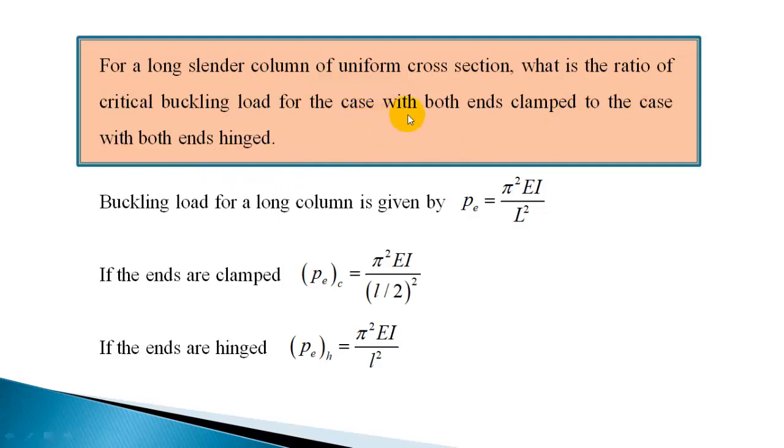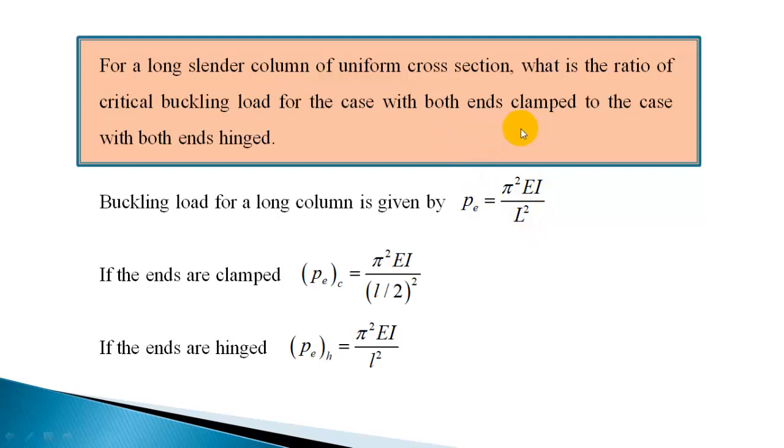Now both ends clamped means fixed ends. So you know, for both ends hinged, the effective length is L, and the buckling load is generally given by Euler's formula, P is equal to pi square EI by L square.